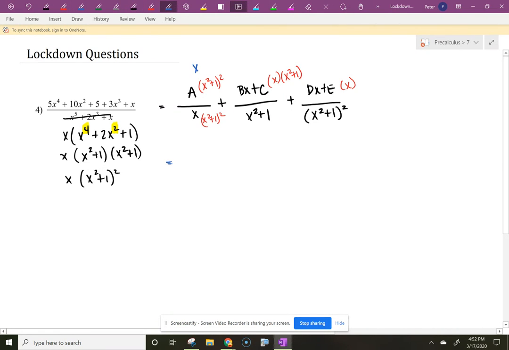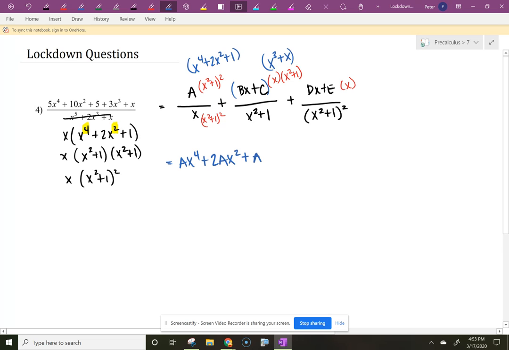Now this is going to be x to the fourth plus 2x squared plus 1. And that's all going to get multiplied by A. So Ax to the fourth plus 2Ax squared plus A. And then here I got, what is this? This is x cubed plus x. And that's going to get FOILed with this. Oh my goodness.